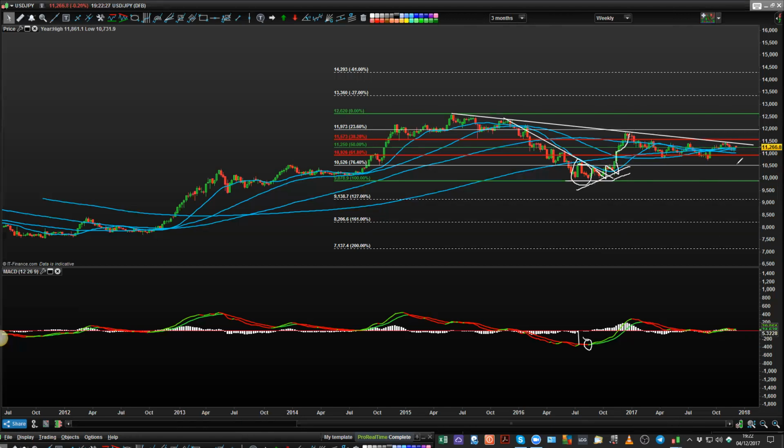And this is why I think this is potentially going to fire higher to the upside, because we're above the midline. We've crossed over down here. We had divergence down there. You can see that the histogram is slightly higher here than it is here. So there's a divergence there.